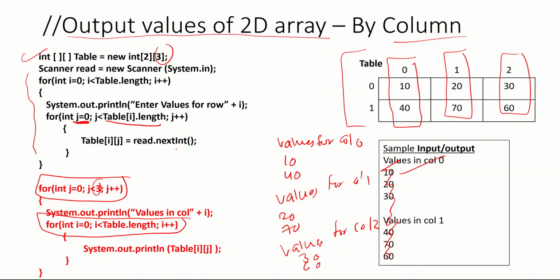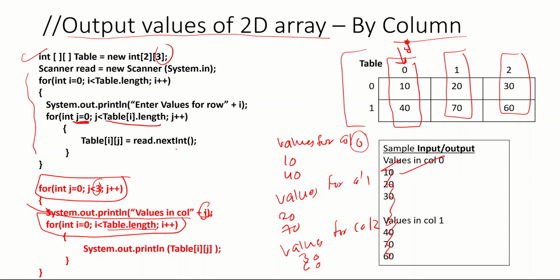Now when J is 0, it means J is starting with this column. System.out.println values in column J. So we will say values at column J, and the current value of J is 0. And then another loop, I equals 0, I going up to the length.